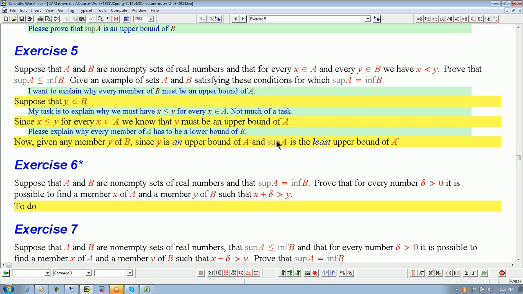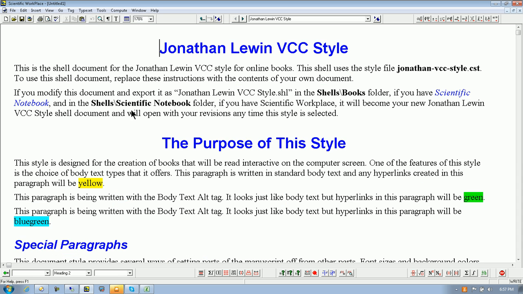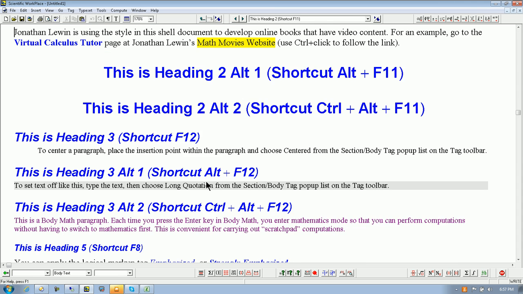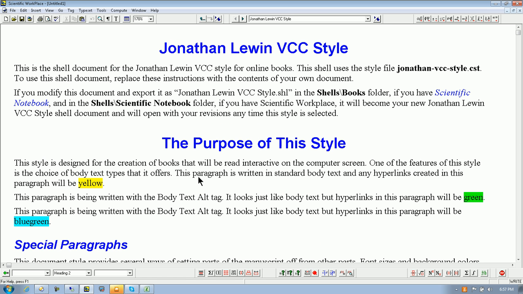You want to know how you type that stuff? It's called emphasized. You go down here. You want a keyboard shortcut? Should I tell you? It's F6. If you open a brand new document, it will tell you somewhere in here. I thought it did.